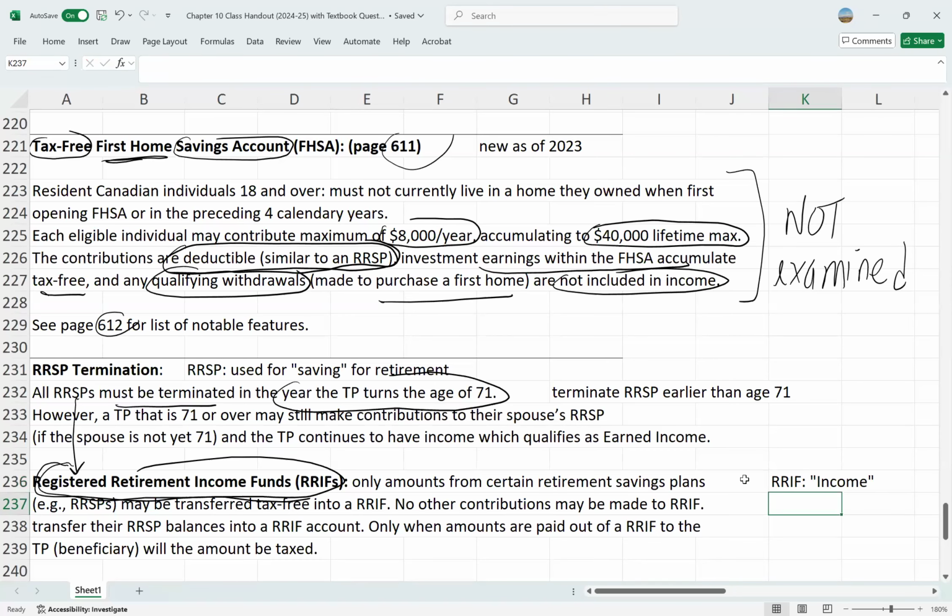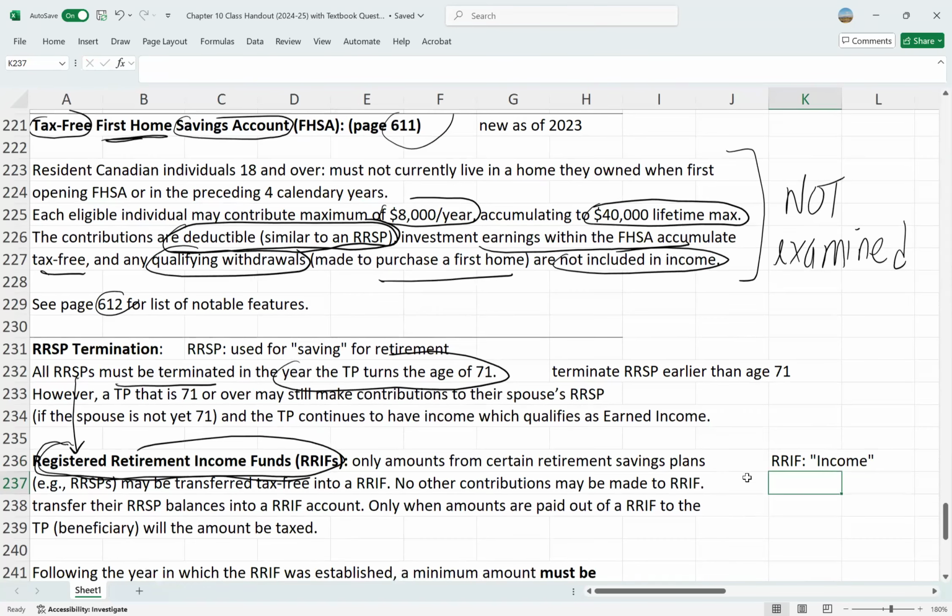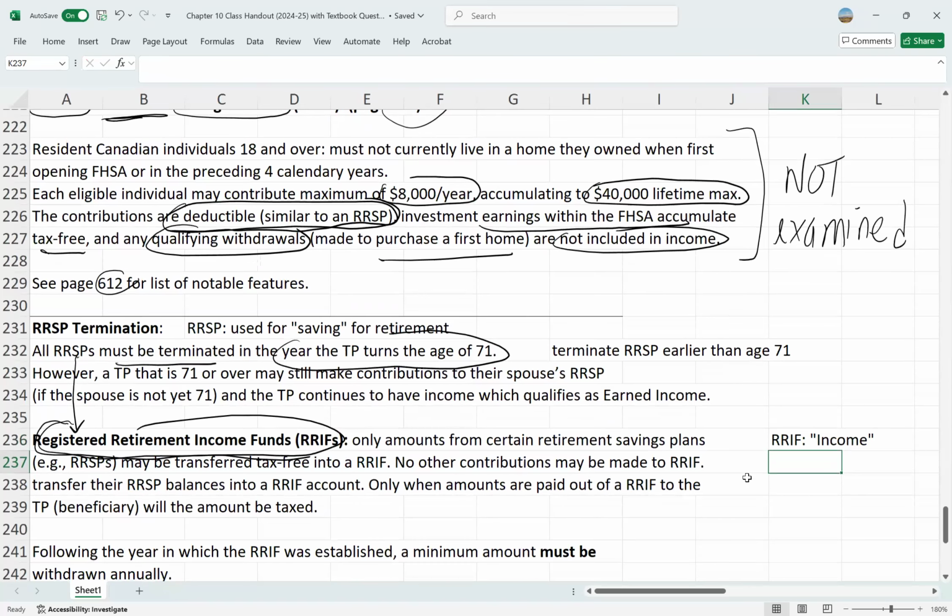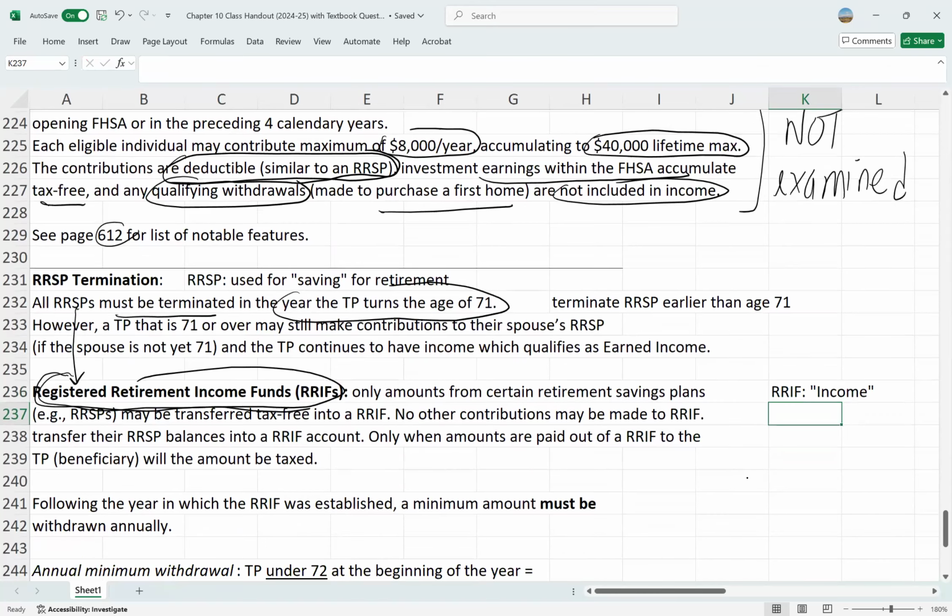You can't defer tax forever. Once the money comes into a RRIF, there's a minimum amount that must be withdrawn annually. And that starts in the year following the year the RRIF was established. So if you establish the RRIF this year, in the following year, there's a minimum amount that must be taken out. Now you can take out more than the minimum, but you need to take out the minimum.